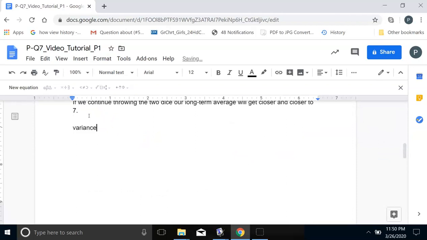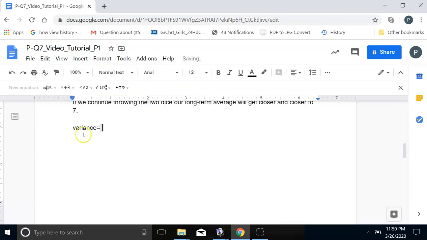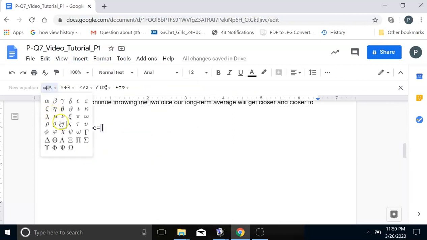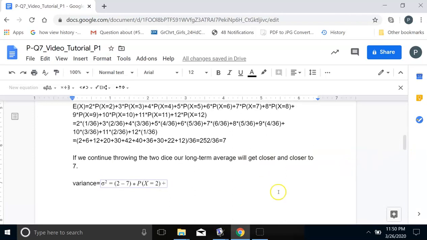The variance, we write using the Greek letter sigma squared. It's defined to be 2 minus the expected value, squared, times the probability X is 2, plus, and you keep going through doing this for each of the values. Sorry, it should be squared, I messed up.